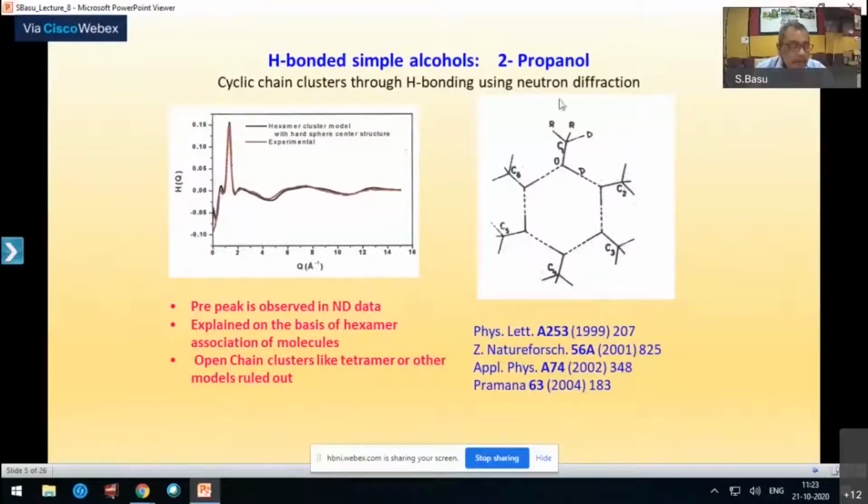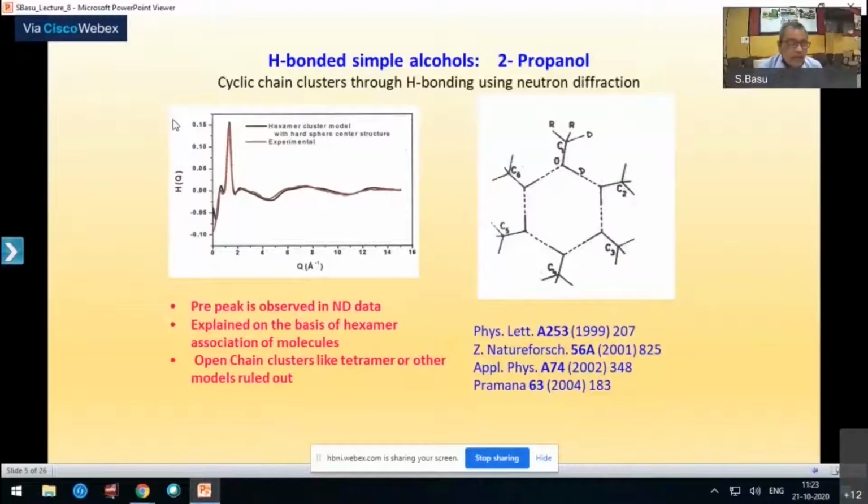The reason is that this involves a Fourier transform over Q, and often if you don't have a structure model to go by, then you have to do a direct Fourier transform to get the information about G of R, and that necessitates that I am able to go to as large a Q value as I can.